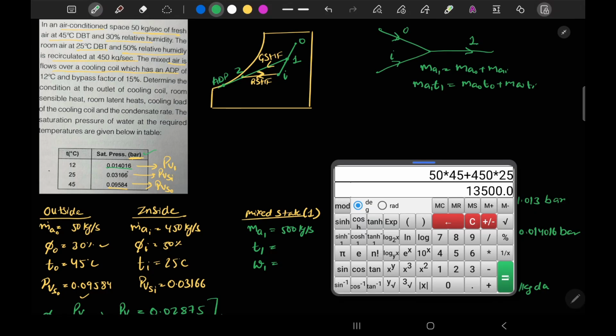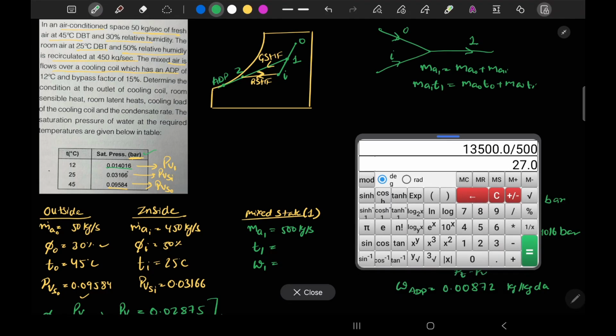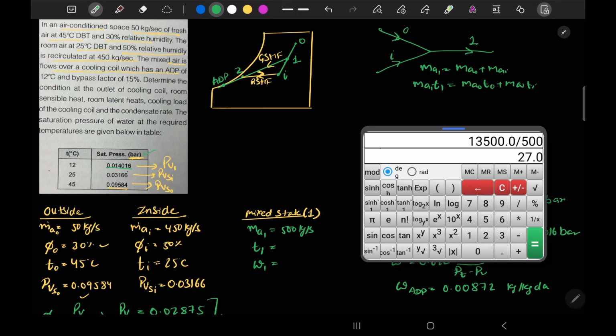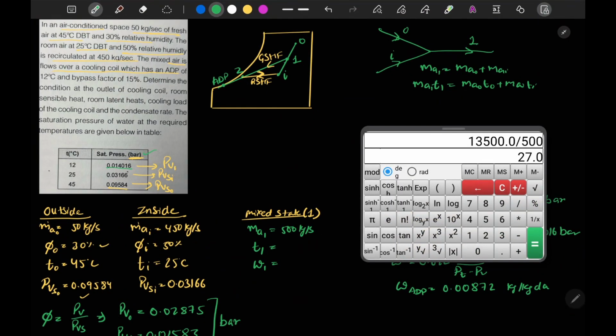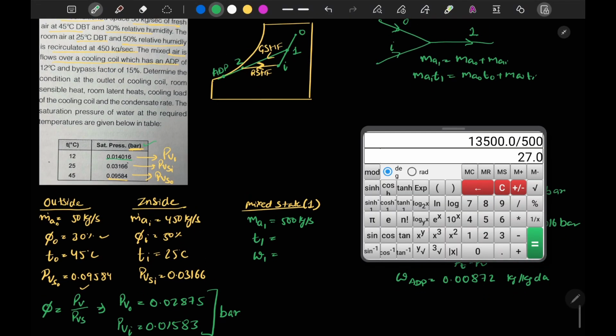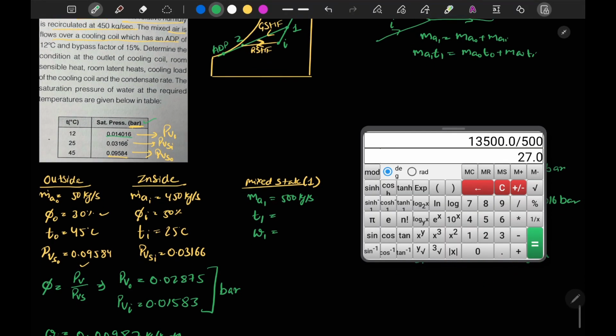This divided by 500, that is MA1, gives T1 equal to 27 degrees Celsius.